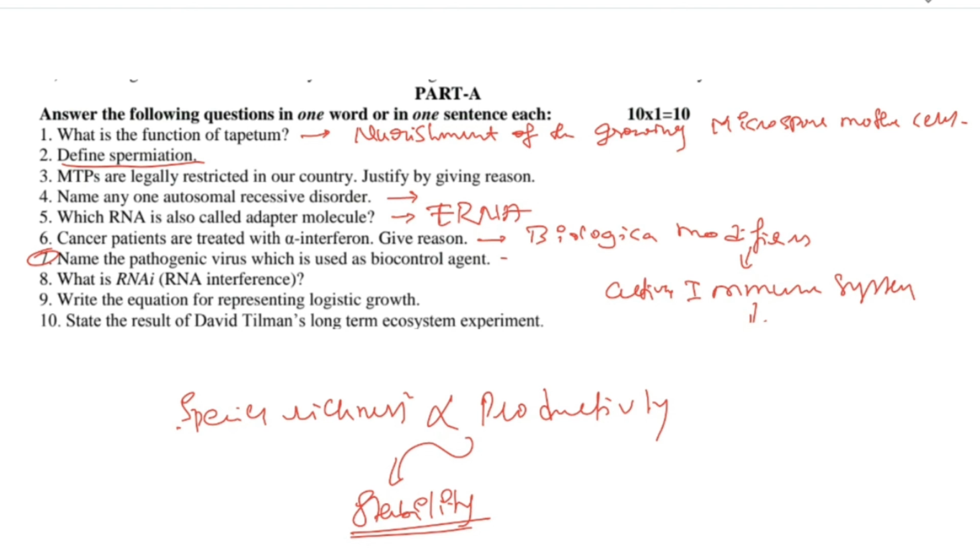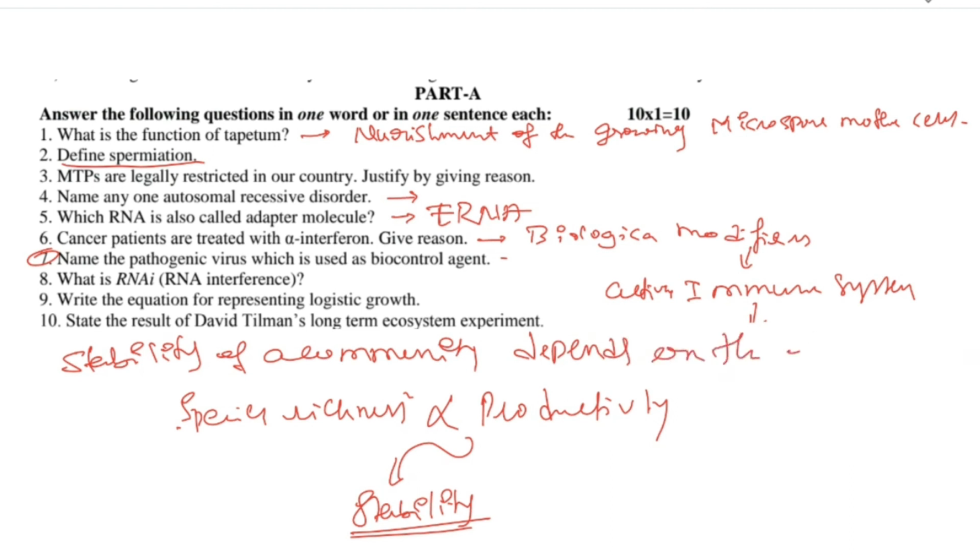I'll write the answer over here: the stability of a community depends on the richness of the species. Okay, so this is the answer you have to write for the 10th.